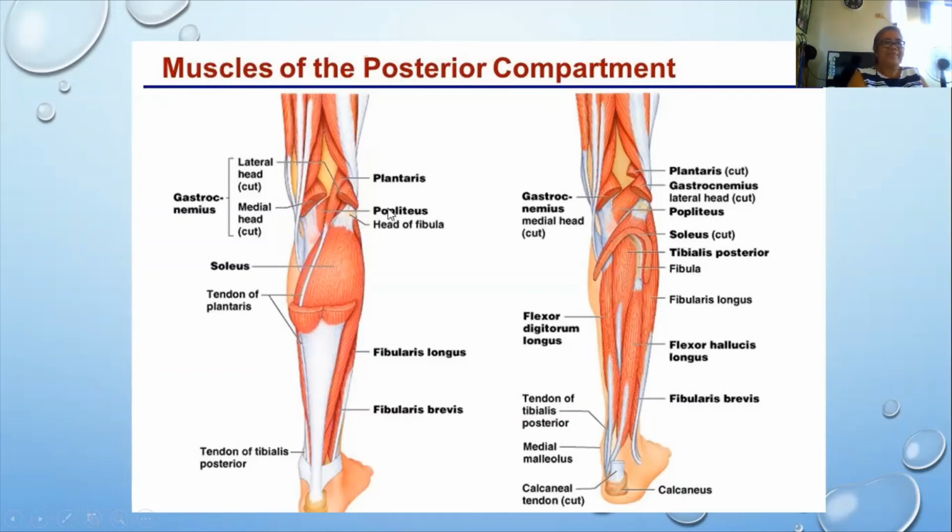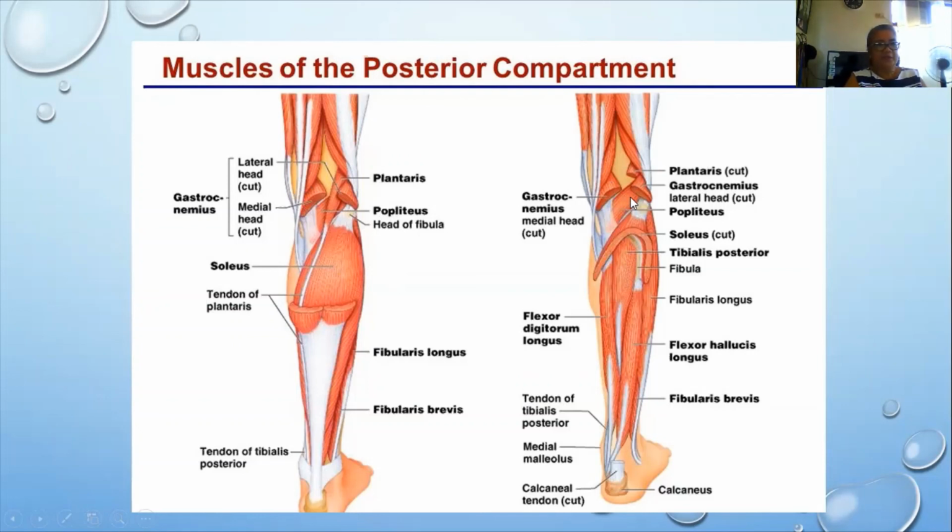So that is the superficial group of muscles in the posterior compartment. Now we go to the deep group of muscles in the posterior compartment of the leg. You have your popliteus muscle.